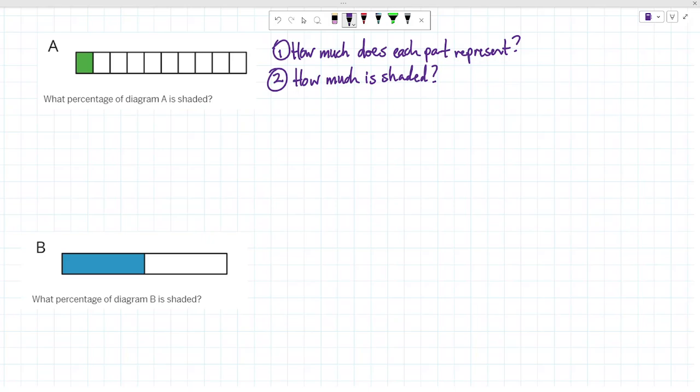So first in part A, we have 1, 2, 3, 4, 5, 6, 7, 8, 9, 10 parts total. So if we have 10 parts total, then we want to think about if 100% is broken into 10 parts, then what is the size of each part?